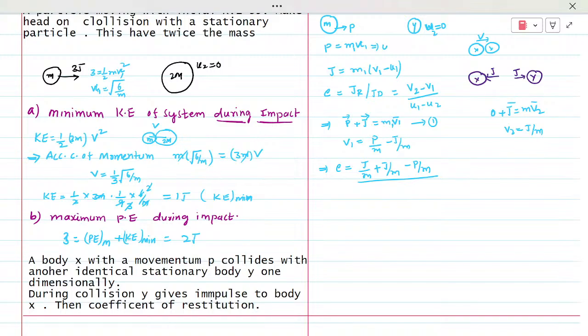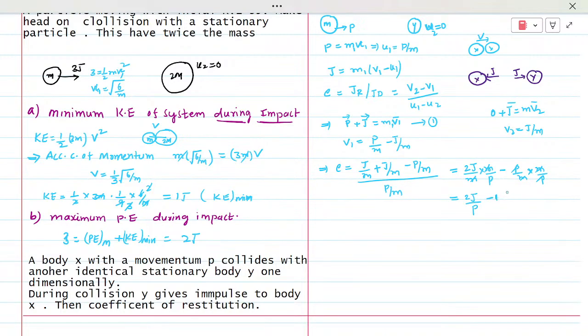That is equal to 2J by m into m by P, minus P by m into m by P. So this becomes 1, m gets cancelled, and the final answer is 2J by P minus 1.